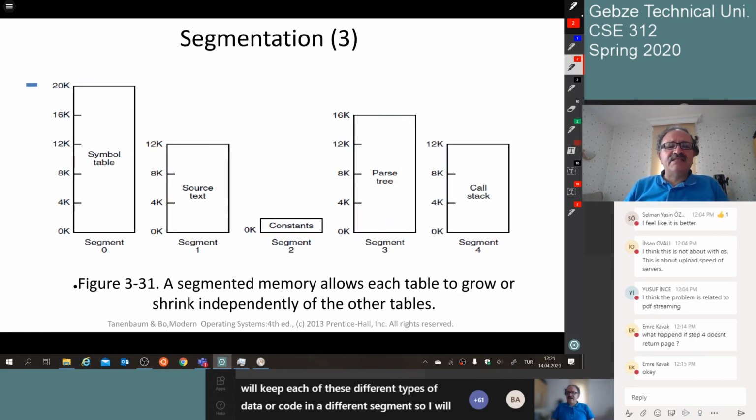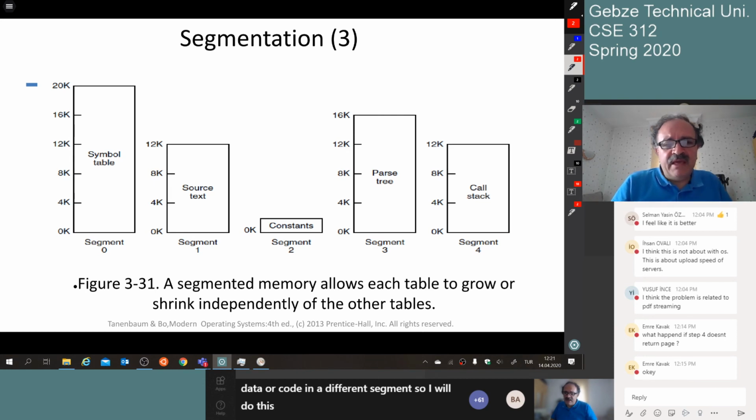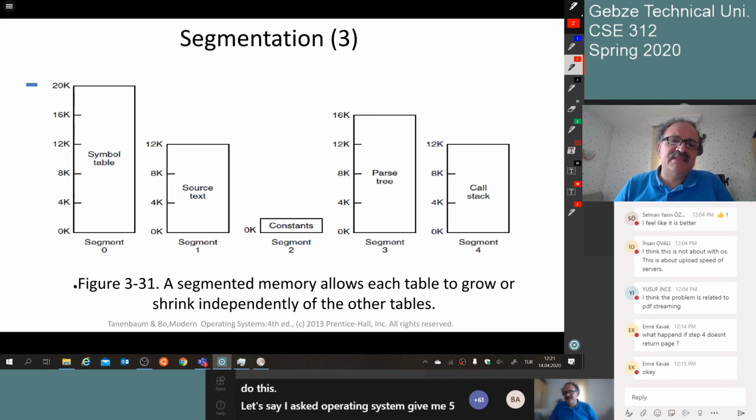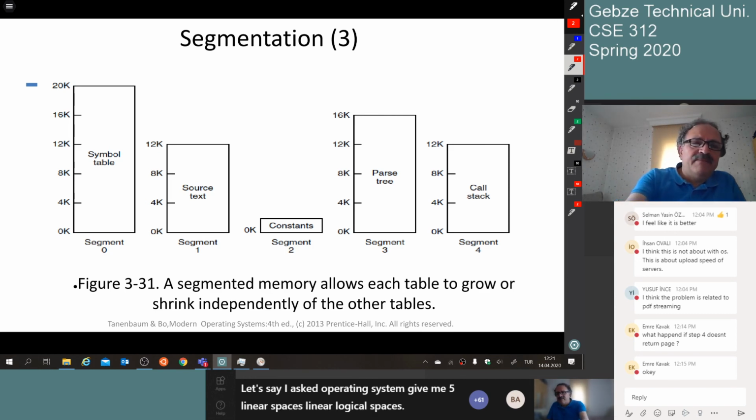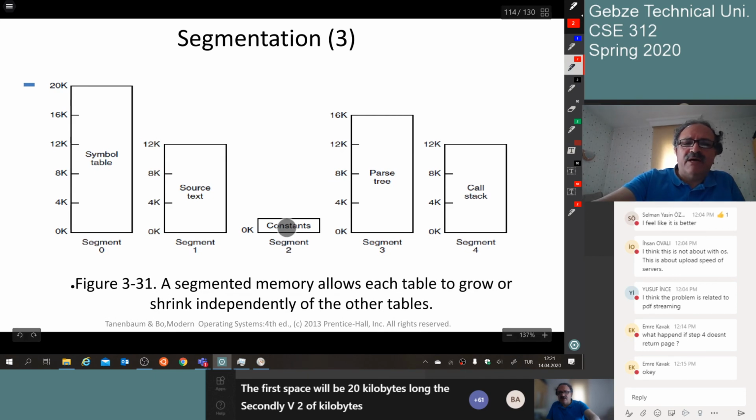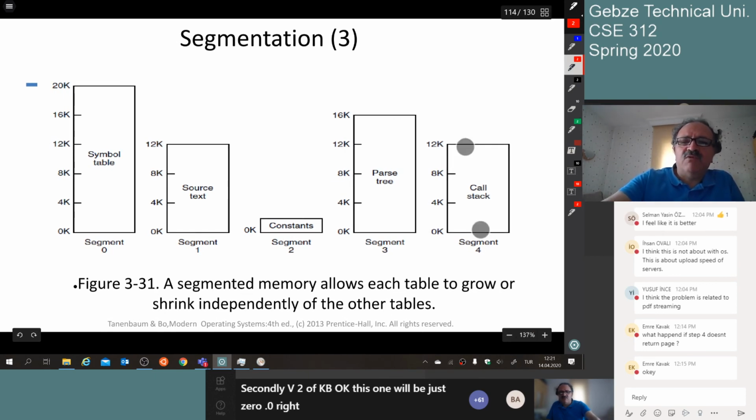Let's say I ask the operating system, give me 5 linear logical spaces. The first space will be 20 kilobytes long. The second will be 12 kilobytes. This one will be just 1 kilobyte. Then 16, then 12 again.